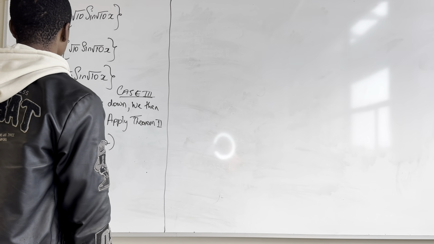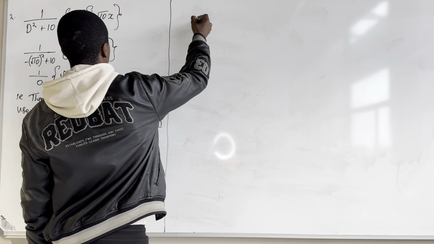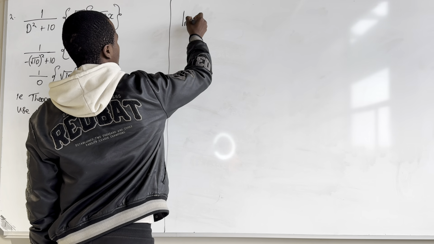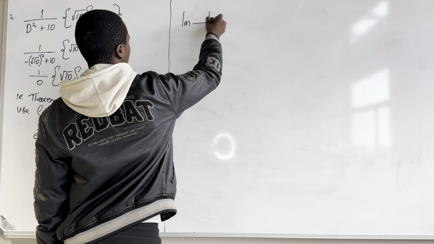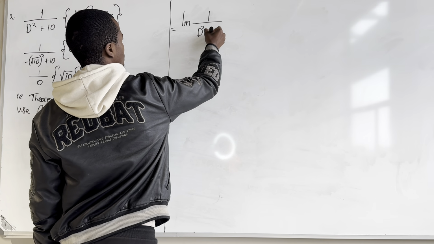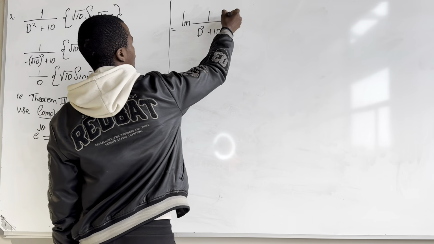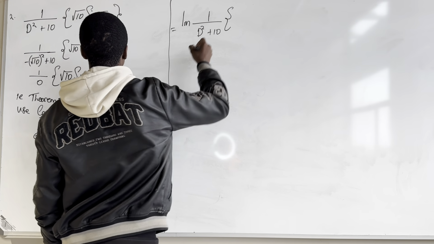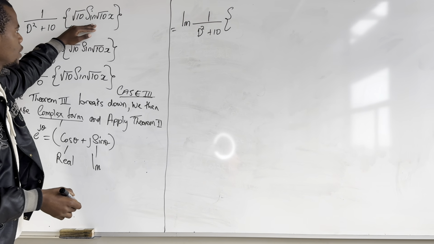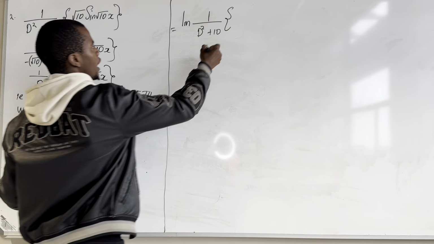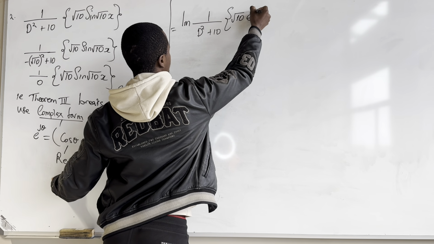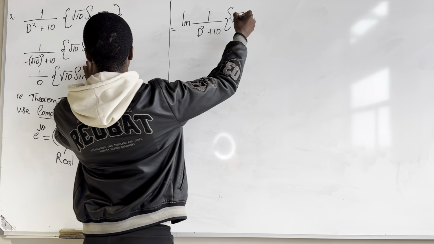Then we continue and write our problem, and we say our imaginary will be 1 over D squared plus 10, reacted to a. Now this part is gone, but there will be the root of 10, e to the power of j, where theta is the root of 10.